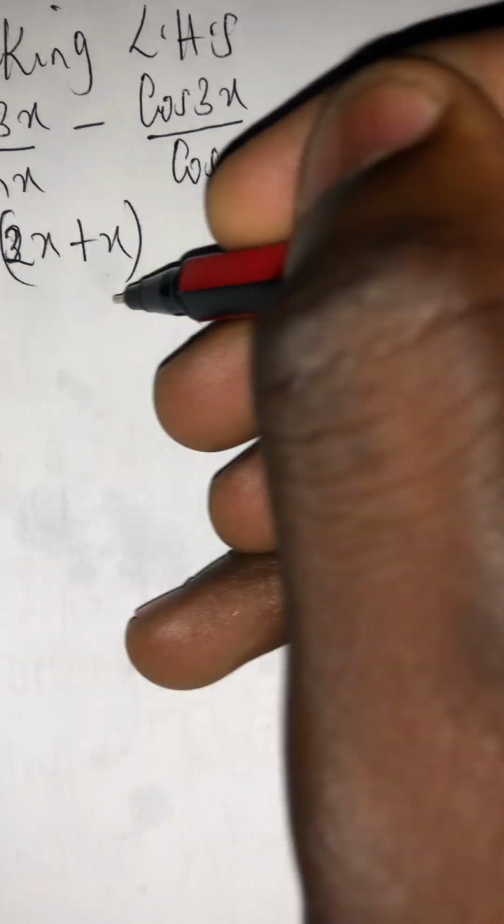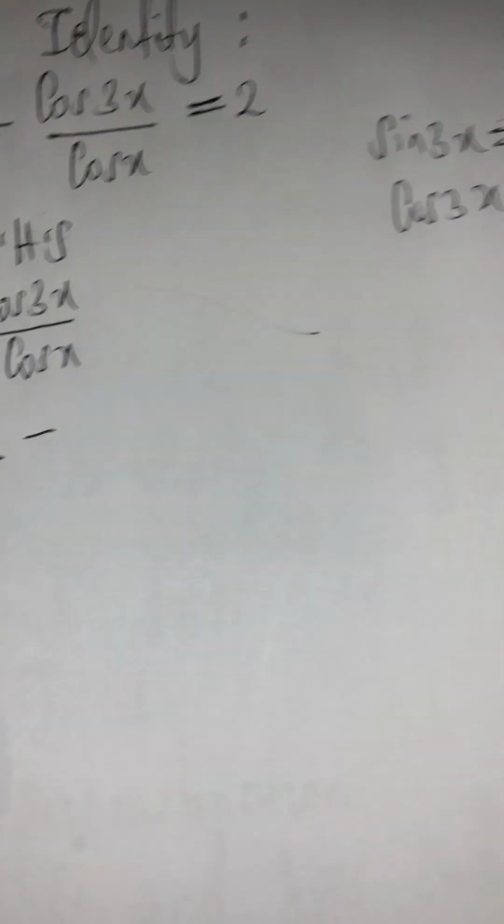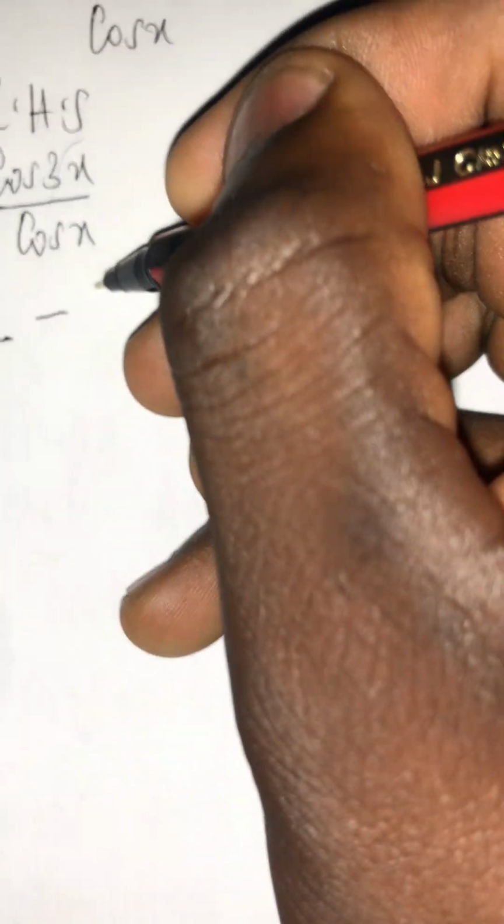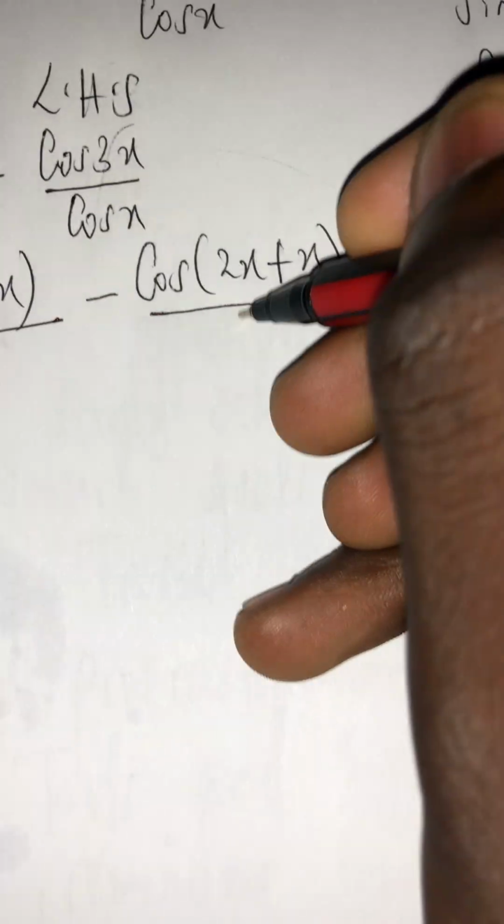This is the same. So this is what I'm going to introduce here. So here it will be sin(2x plus x) over sin x, then minus, even here I'll introduce that, so minus cos(2x plus x) over cos x.